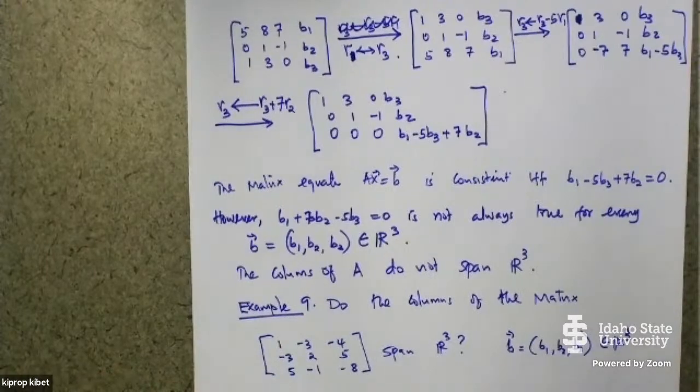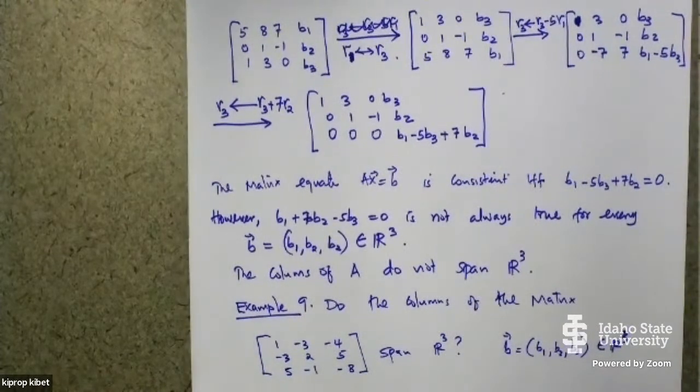Then you write this in augmented matrix form: 1, -3, -4, -3, 2, 5, 5, -1, -8, B1, B2, and B3.